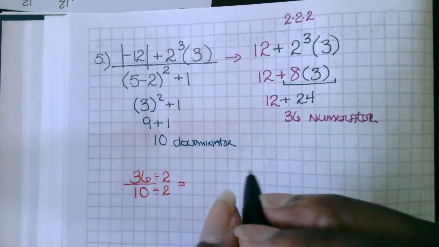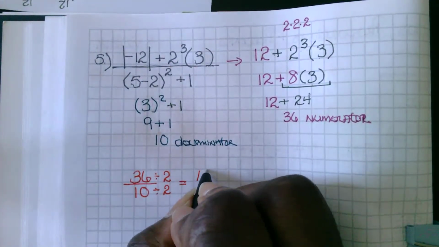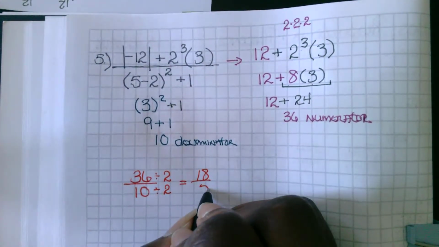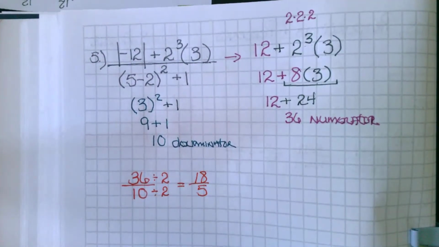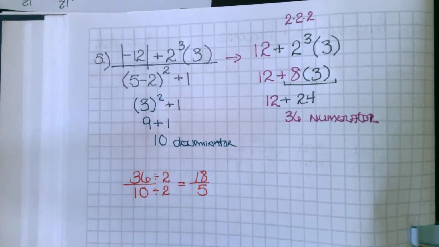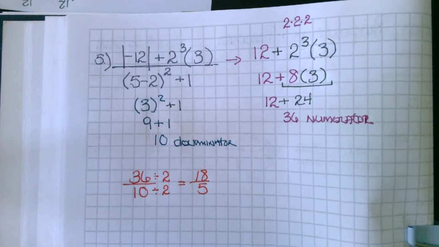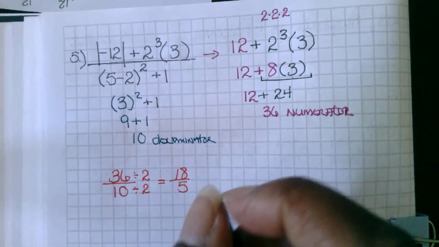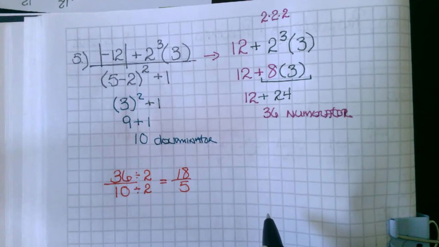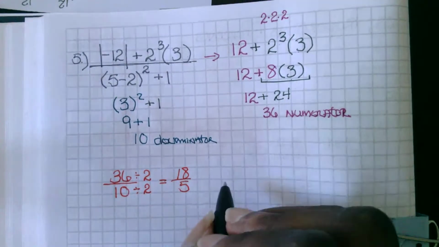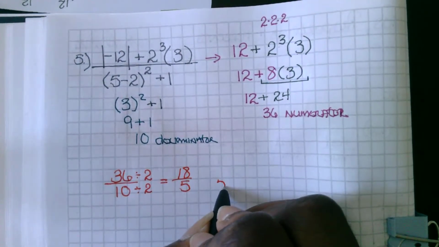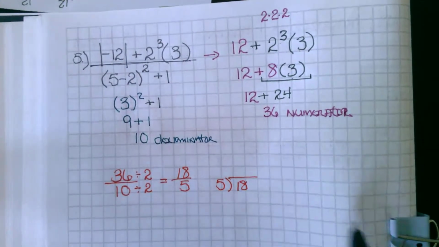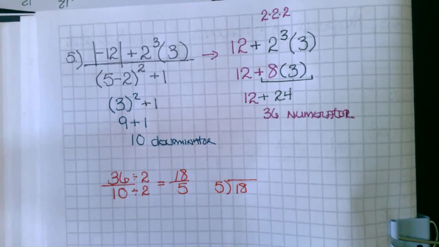So 36 divided by 2, that's 18. And 10 divided by 2, that's 5. So 18/5 can be your answer as an improper fraction. But if we want a proper fraction, I know for sure I can do division without the decimal.